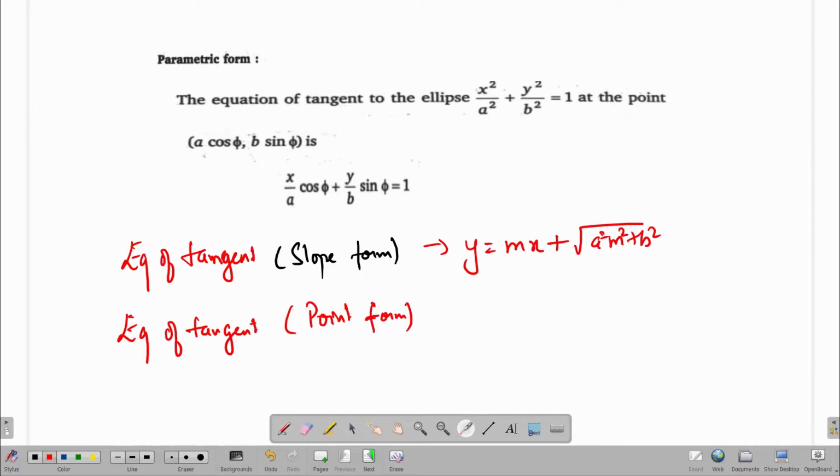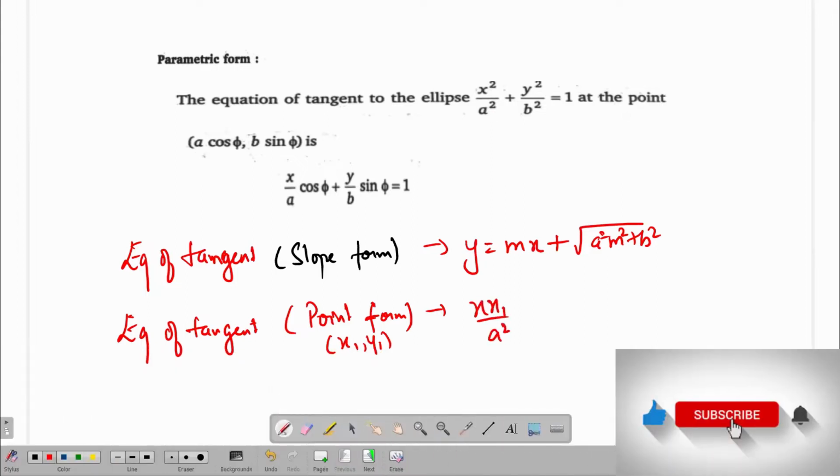The second is the equation of tangent in point form, where using the point (x1, y1) we just put in and find T = 0 using the equation of the ellipse. That is, xx1 upon a square plus yy1 upon b square equal to 1. So this is the equation of tangent in point form and in slope form.